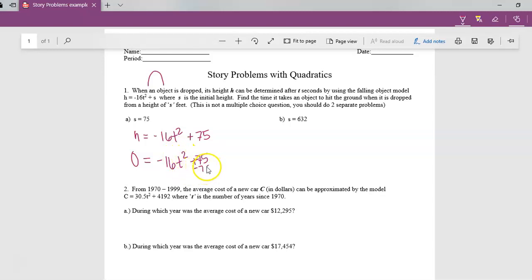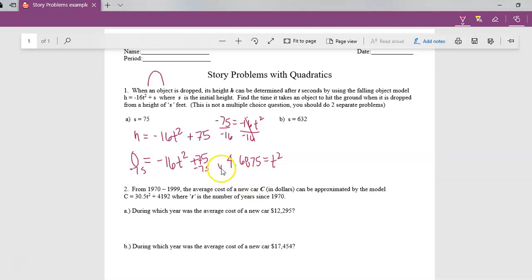Subtract 75 from both sides, which gives negative 75 equals negative 16t squared. Then divide both sides by negative 16. Negative 75 divided by negative 16 is 4.6875, which is equal to t squared.